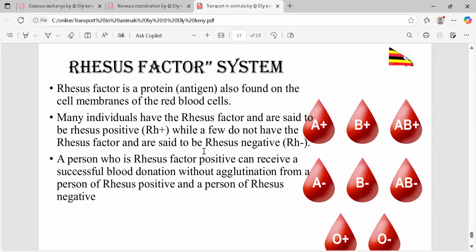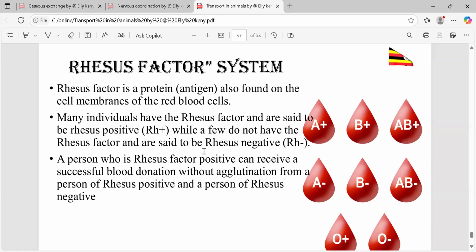When the sperm fertilizes and they give birth, they can end up with a baby who is rhesus positive. Such a fetus shall grow in the womb and can successfully be given birth to as a baby.